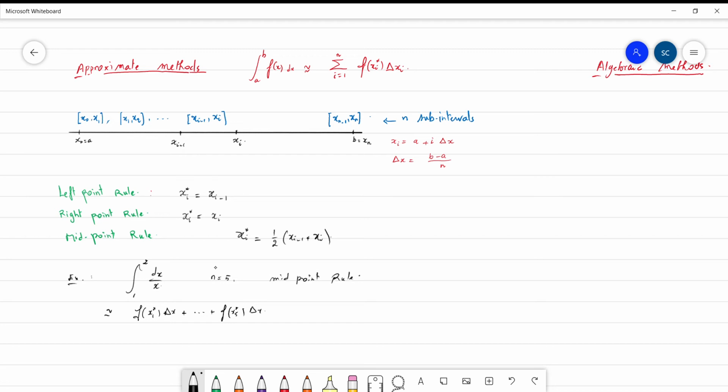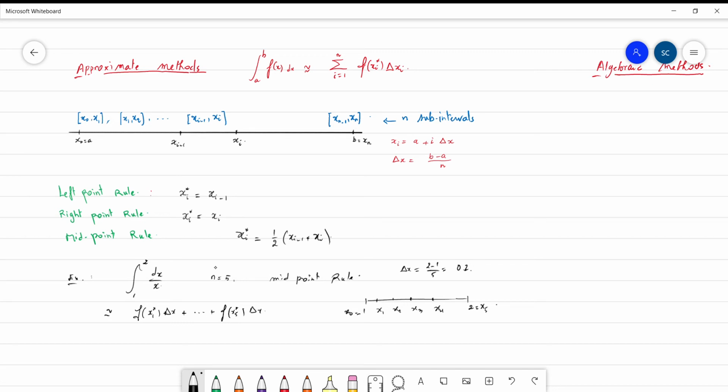So here is my interval from 1 to 2. I need to divide it into 5 subintervals. This is my x0. Delta x will be (2 minus 1) over 5, which is 1 over 5, 0.2. So I move by 0.2 units: 1.2, 1.4, 1.6, 1.8, and 2. Here are x1, x2, x3, x4, and this one is x5.